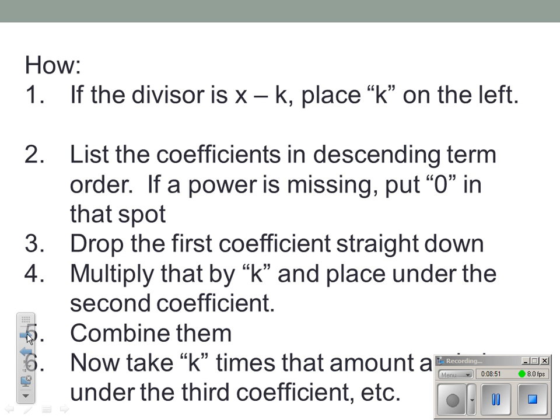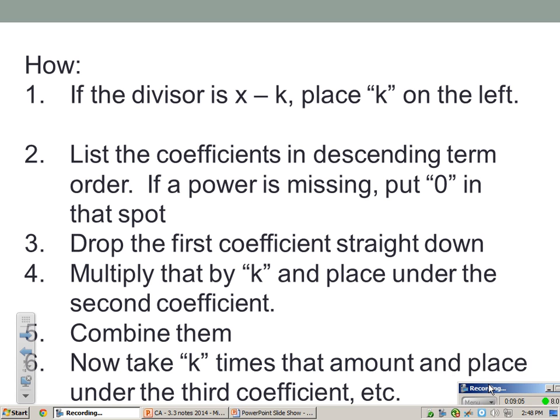Place the product underneath the second coefficient. Step 5, combine. Now take the k times that amount that's underneath the third coefficient. Now you're going to keep working this process until you're all the way through the coefficient line that you had underneath your synthetic division box.